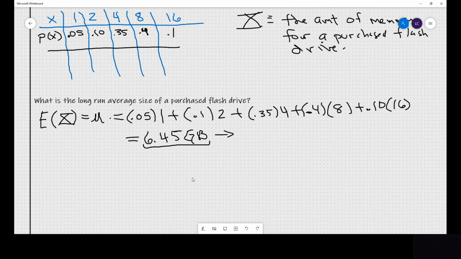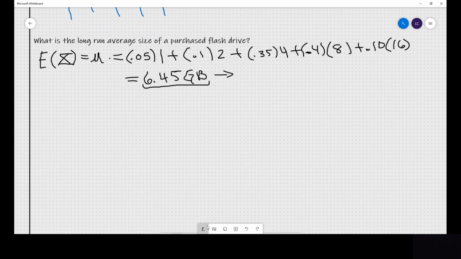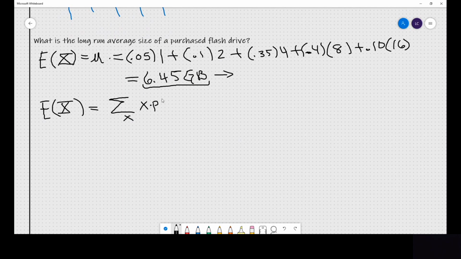So what is the formula for this? I know we did it for this particular example, but the formula for the expected value for some random variable is simply the summation sign, which just means add a whole bunch of them up over your entire support of x. So that's where we get the x, the 1, the 2, the 4, each one of those, times the probability of x.